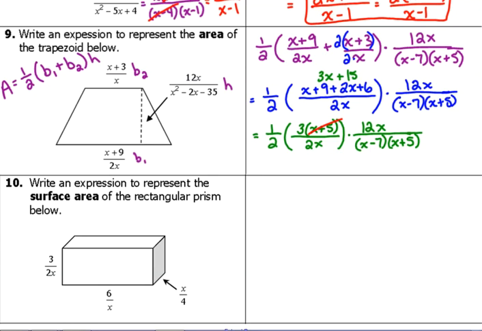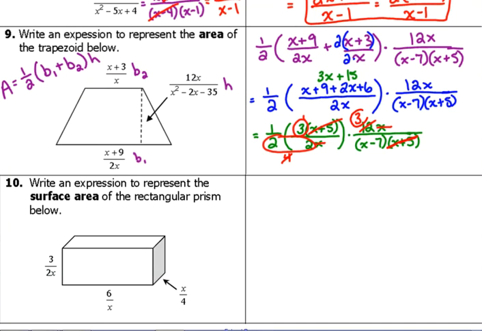We've got x plus 5 in the numerator and in the denominator. We have a GCF of x in the numerator and in the denominator. 2 times 2 is 4. And we can simplify that. 12 over 4 leaves us with a 3 in the numerator. So let's see here.